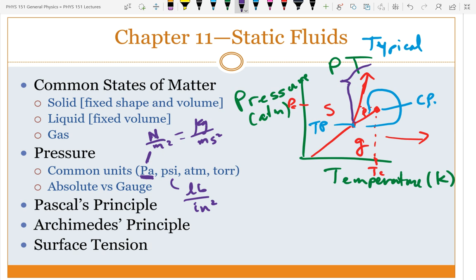ATM, atmosphere, with 1 atmosphere being 1.013 times 10 to the 5th pascals. And a torr. It's a torr, named for Torricelli.